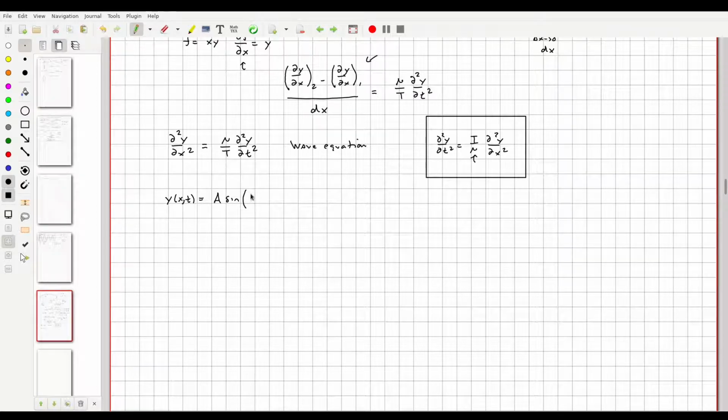So this is sort of a generic solution to this. Now, what's the plus or minus mean? Well, the minus means that your wave is moving to the right. The plus means it's moving to the left.